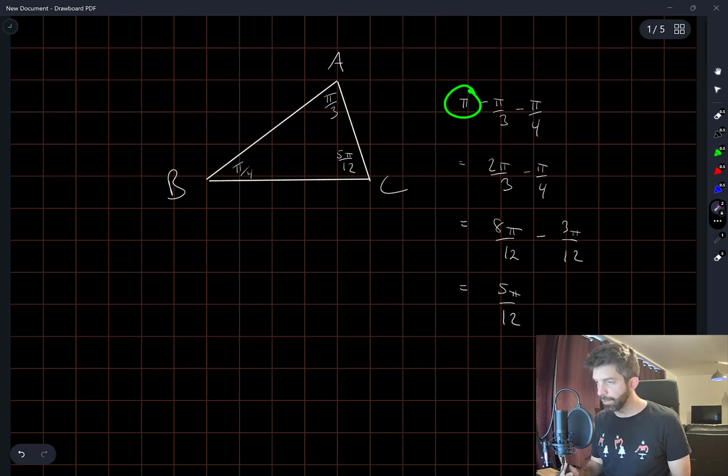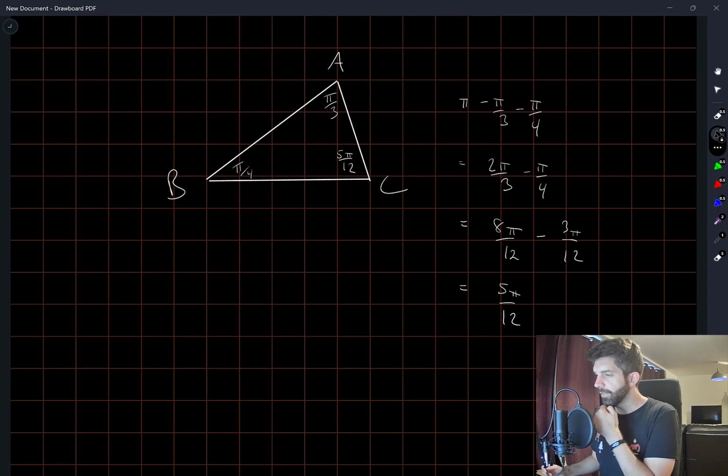Right? 180 degrees is a triangle, which is pi. Pi minus the other 2. Two pi over 3 minus pi over 4. Multiply this by 4, multiply by 3. Okay, fine. 5 pi over 12.